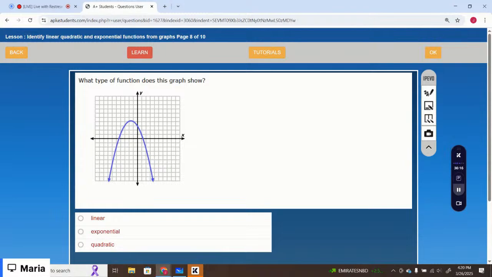What type of function does the graph show? That is the exponential function. Okay, you can complete the lesson by yourself later today. Let me just move on to the next lesson.